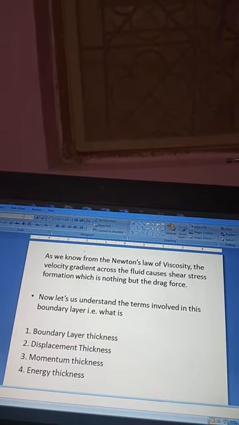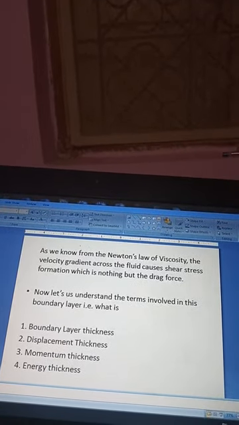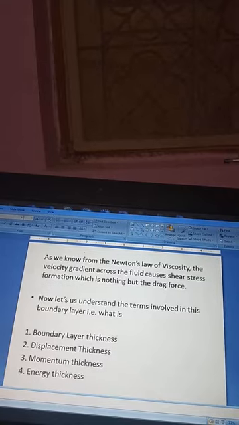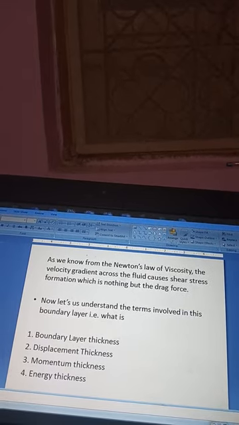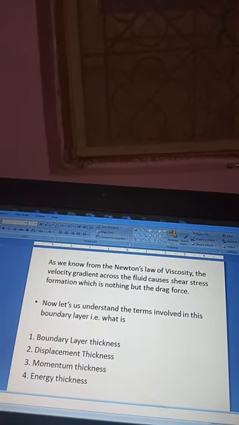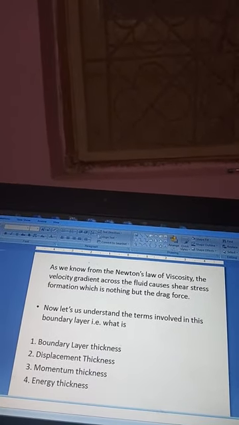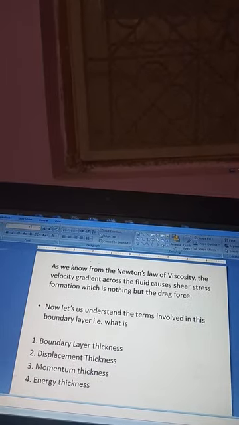First of all, let it be clear that the boundary layer is an unavoidable phenomenon. It means there is not a single example in the world where there is no boundary layer. Boundary layer is an inherent phenomenon associated with any type of solid body, so it is always there.